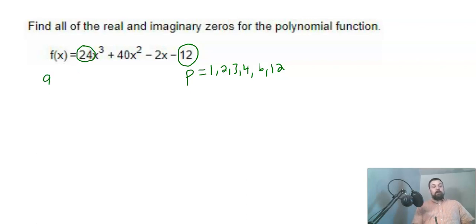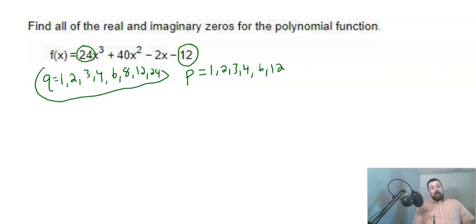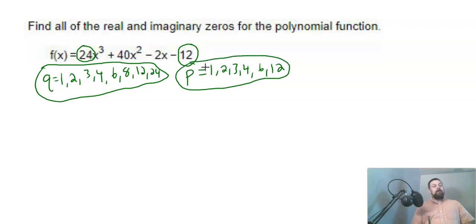So the possible values of Q are 1, 2, 3, 4, 6, 8, 12, and 24. And that's where things start to get really bad. When there's a lot of values of Q, that's the worst one, because that means you're going to have a lot of values and a lot of them will be fractions. So what we need to do is take every possible combination of a P divided by a Q.